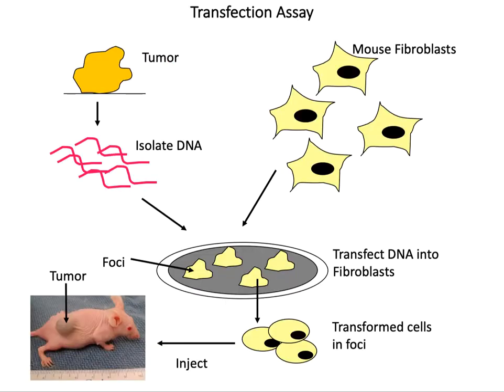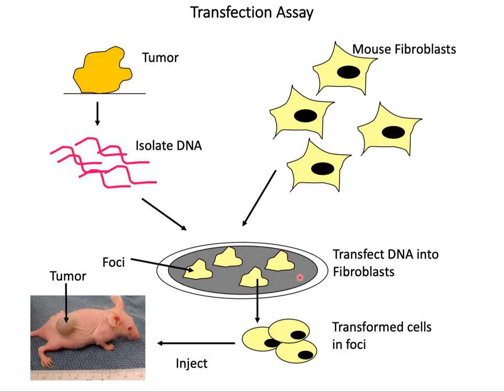So exactly what kind of changes are we talking about? In tumor cells, you actually have mutations in the DNA that give the transformed phenotype, or that contribute to it. One experiment that shows that is illustrated on this slide. If you isolate a tumor, purify the DNA from that tumor, transfect some normal mouse fibroblasts, and then allow them to grow in culture, you will notice that some of those fibroblasts will become transformed.